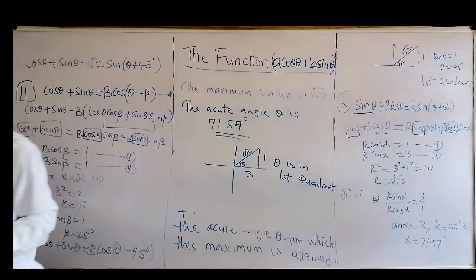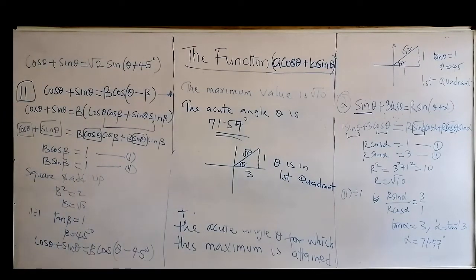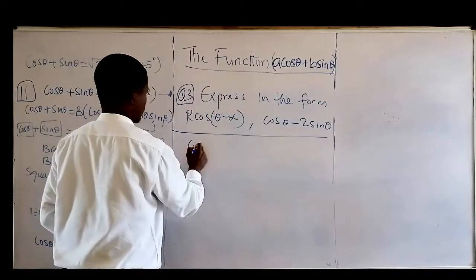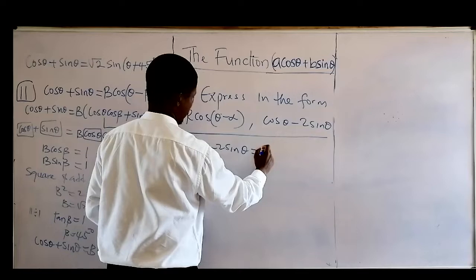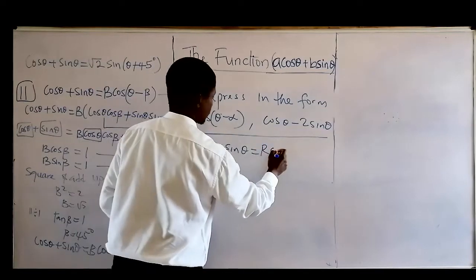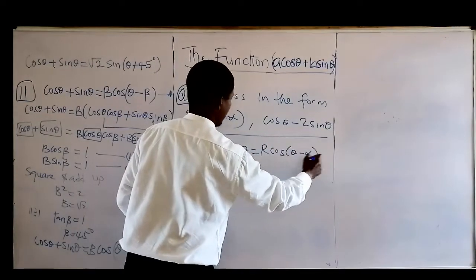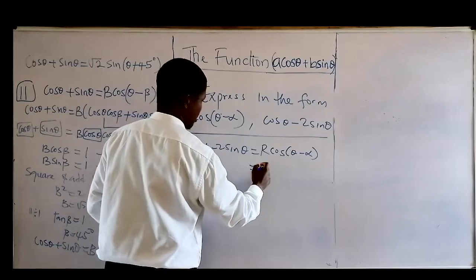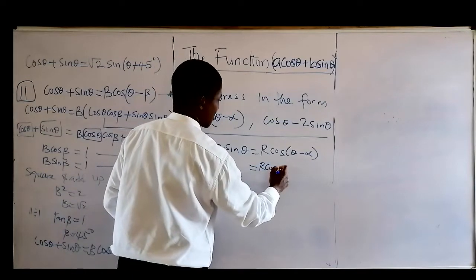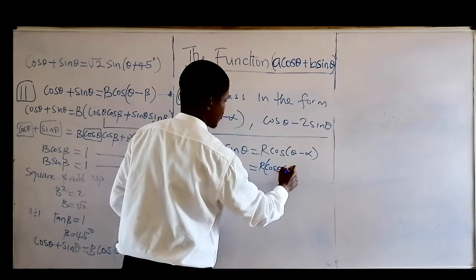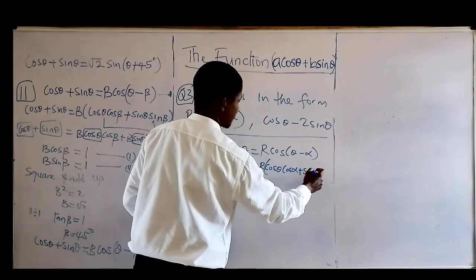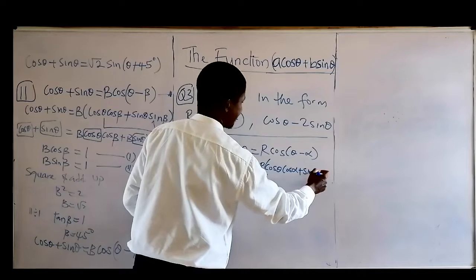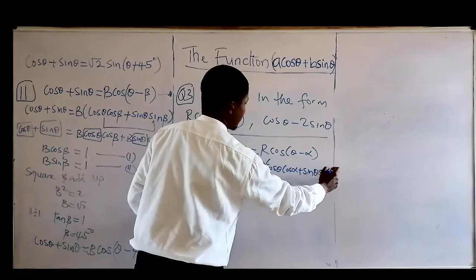Let's see if we can take one more question. This will be cos theta minus 2 sine theta, equal to the form R cos(theta minus alpha), and this will be equal to R cos theta cos alpha plus R sine theta sine alpha.